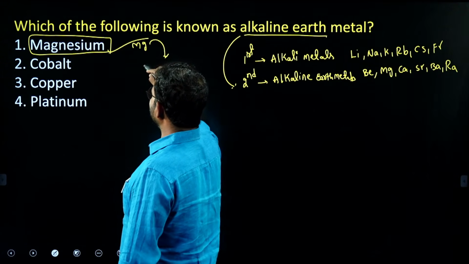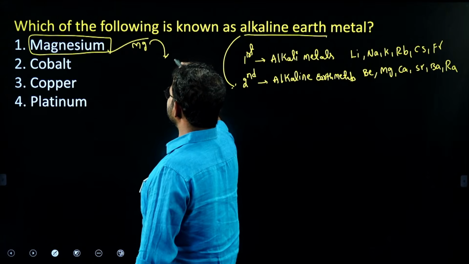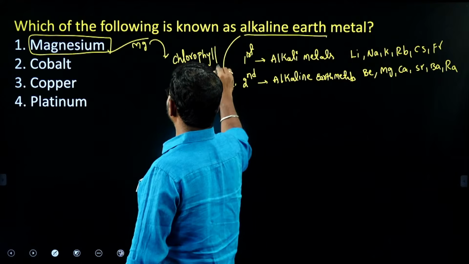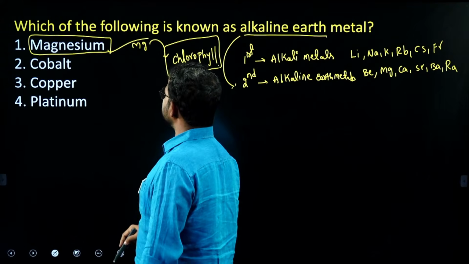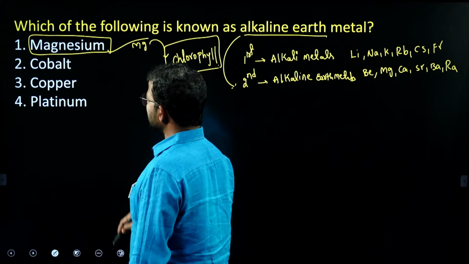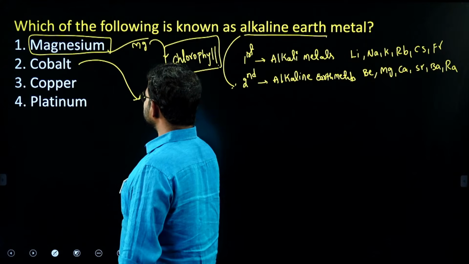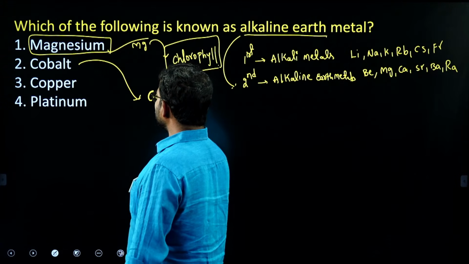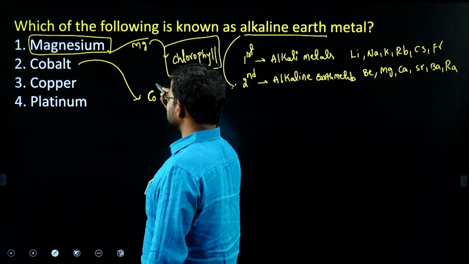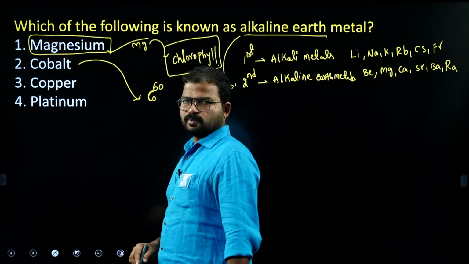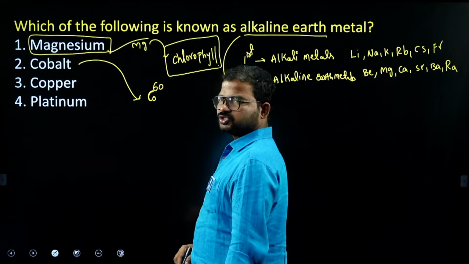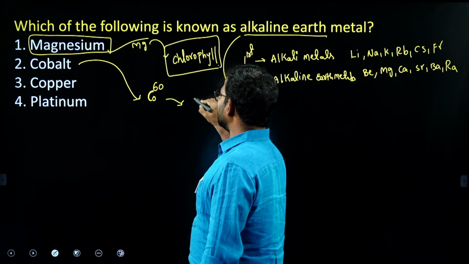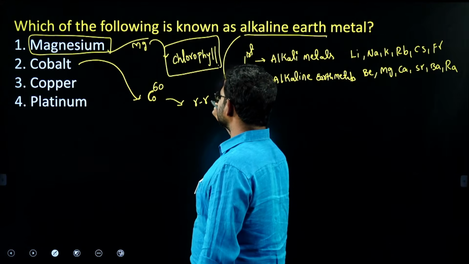Magnesium metal exists in chlorophyll also. The metal which exists in chlorophyll is nothing but magnesium. What about cobalt? Cobalt is a transition element, indicated with Co. Suppose you consider cobalt 60, cobalt 59. These are isotopes, but cobalt 60 is majorly used to produce gamma rays.